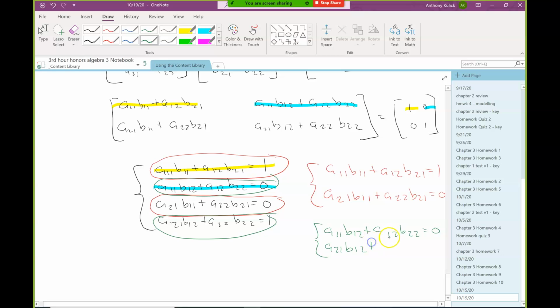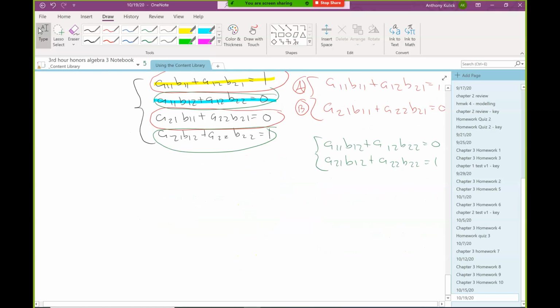Let's say we want to eliminate the B11s in the red system. To do that, I'm going to take A21 and multiply it by equation A and add to it negative A11 times equation B to do elimination, right? So that'll give us A21 A11 B11 plus A21 A12 B21 equals A21.